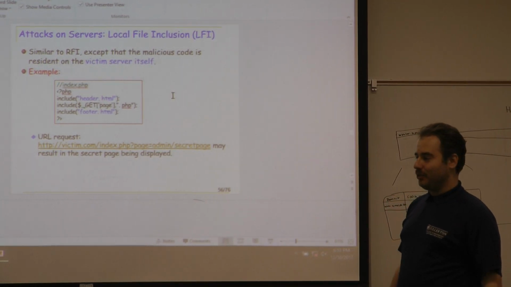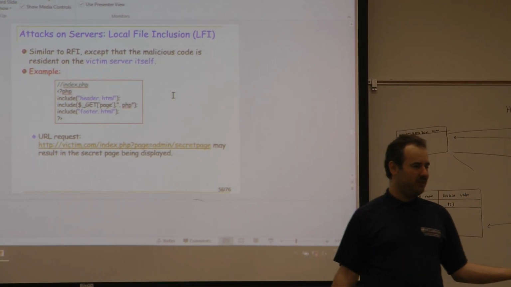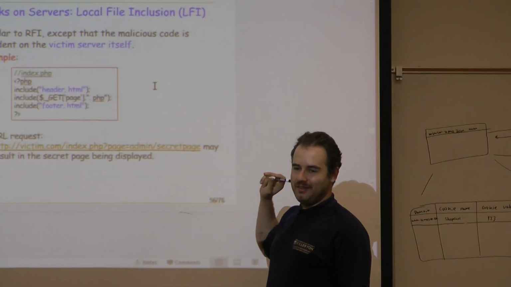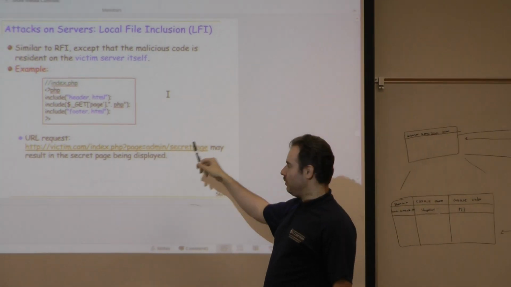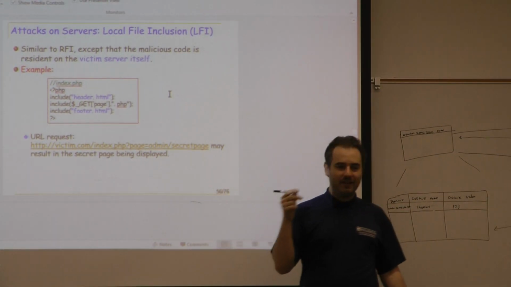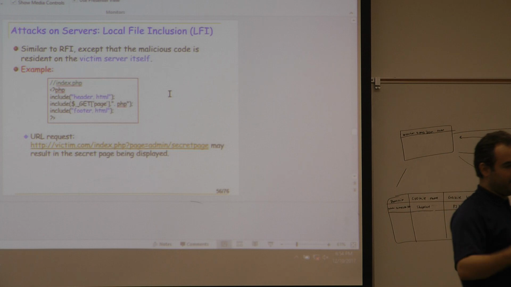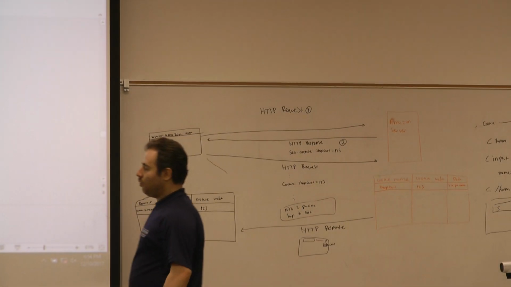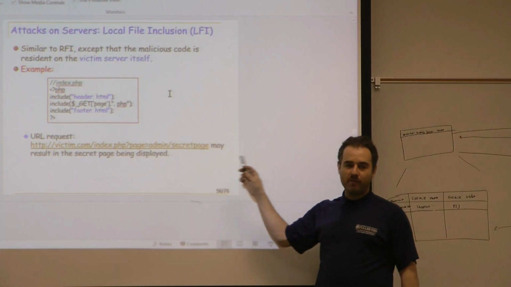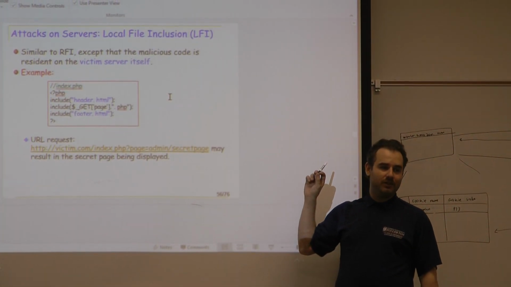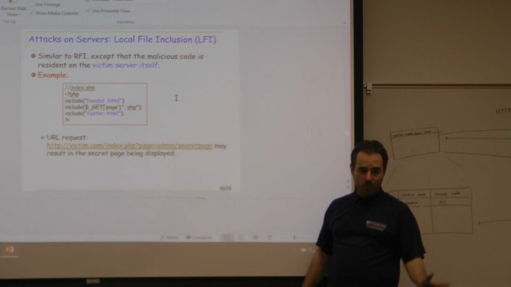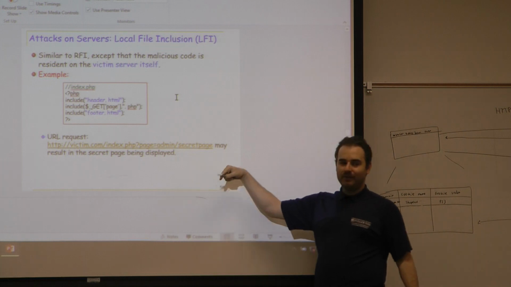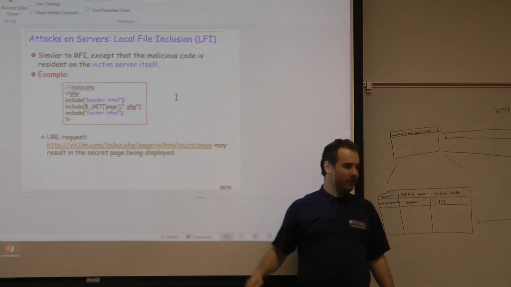You may say, why is that so bad? What if that's something you don't want me to see? For example, let's say that as my page name, instead of specifying a name of a file on this server, like news, or a location of a remote script that I want to execute on your server, which is RFI, what if I supply a file path, such as admin/secret page?